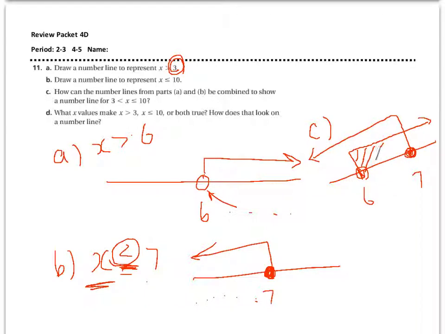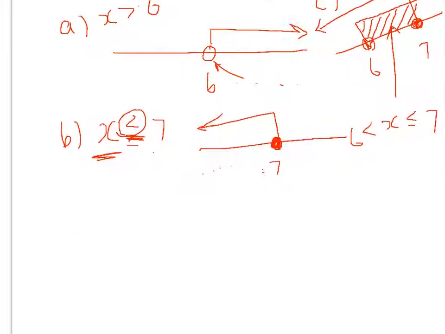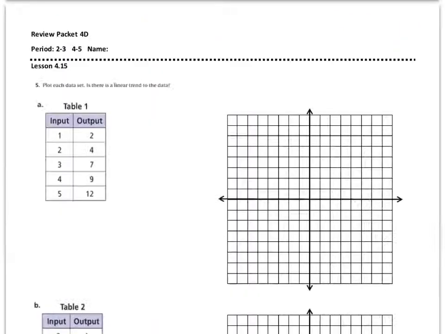And this is what x is greater than 6 but less than or equal to 7 looks like. So that's how you do that. Okay? Do you have another problem for this? I guess not. Okay.